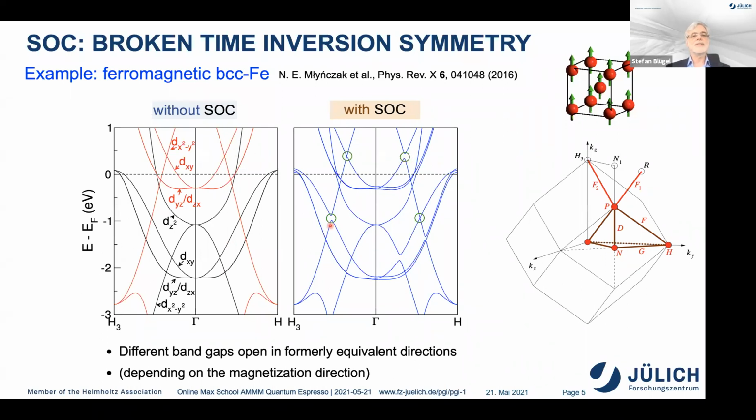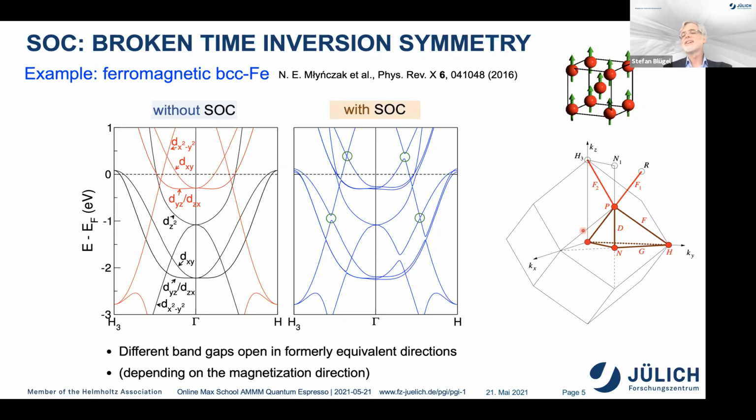And the same happens here, for example. Here you have a crossing between the majority state and the minority state, and exactly at this crossing you have an opening here, but you have no opening here. Please notice this band structure is plotted along the gamma-H line and the gamma-H3 line.